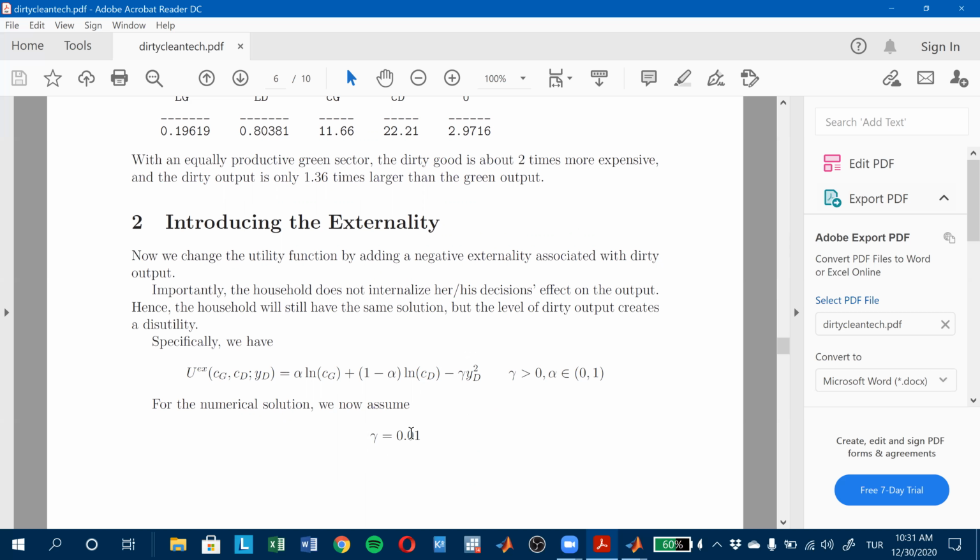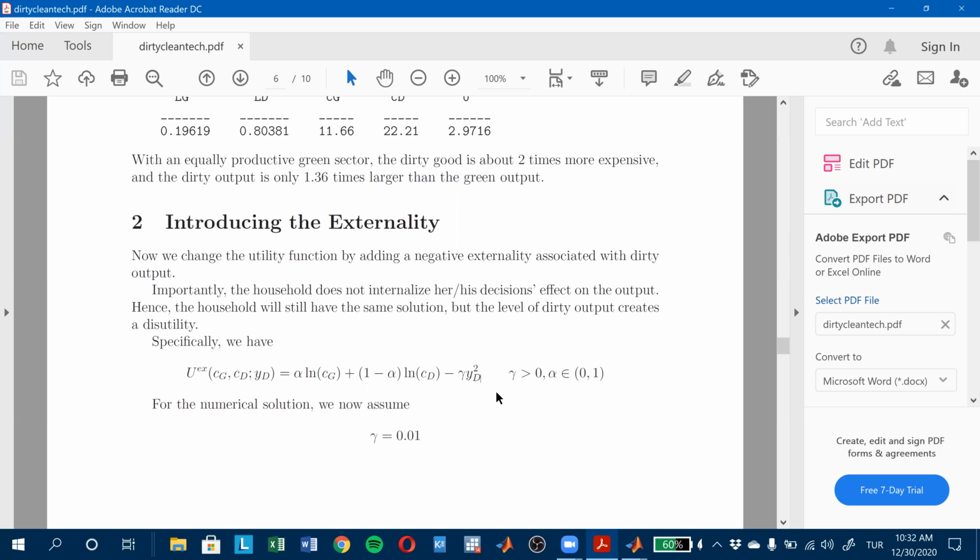All right, but why do we call it external? Well, because we assume that households are not going to internalize their decisions' effect on output. So the household in this version is not going to think, okay, if I decrease my dirty consumption, then that would decrease dirty output. They are not going to think in this way. They still want to maximize their utilities, without necessarily concerning themselves with the externality.